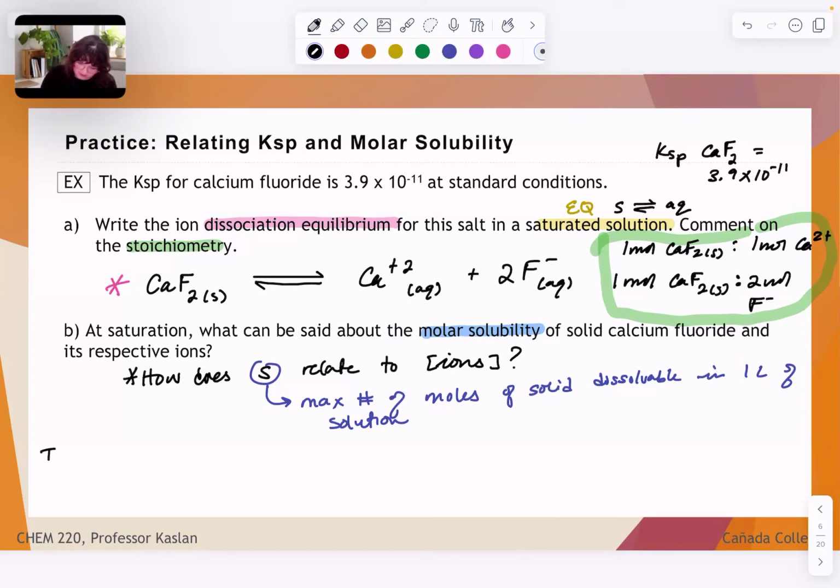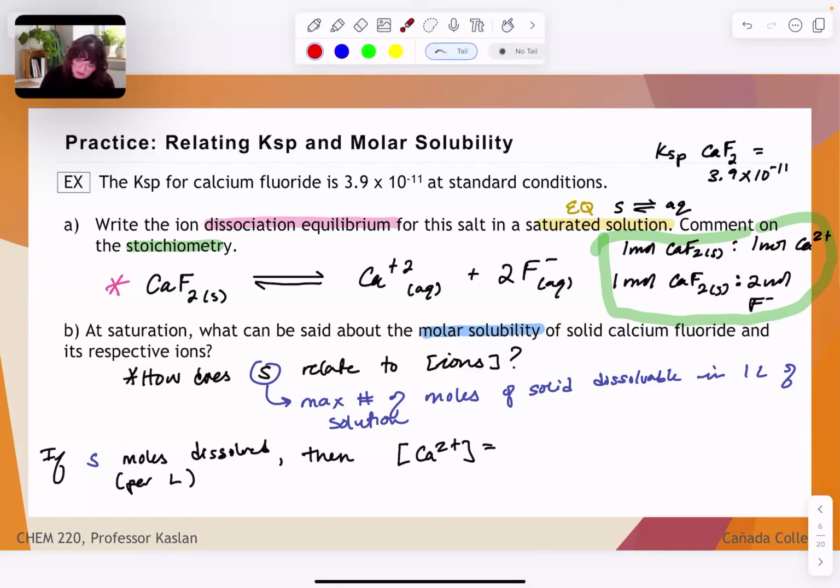So let's rewrite this. If S moles dissolved per liter, then we know that the concentration of the calcium ion has to be equal to the moles of the solid, because that dissolution equation has a 1-to-1 stoichiometric ratio between the solid and the calcium ion.